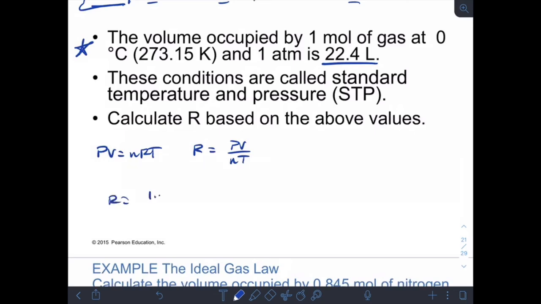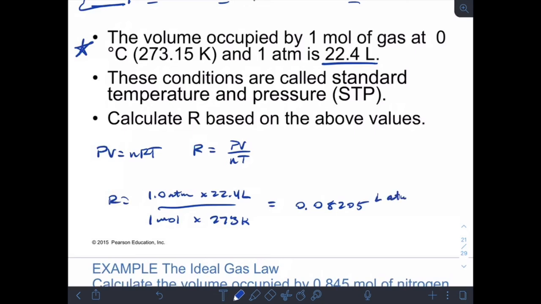So R equals 1 atmosphere times 22.4 liters, which is the volume at STP of 1 mole of gas, over 1 mole times 273 Kelvin. When we calculate that, we get 0.08205 and some other digits. Given the limits of the sig figs we're using, and really we should just be a single sig fig, we are close enough to the actual value of the ideal gas constant.